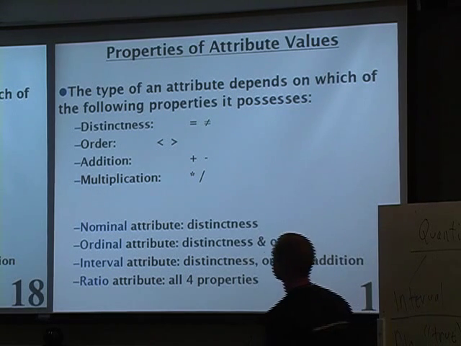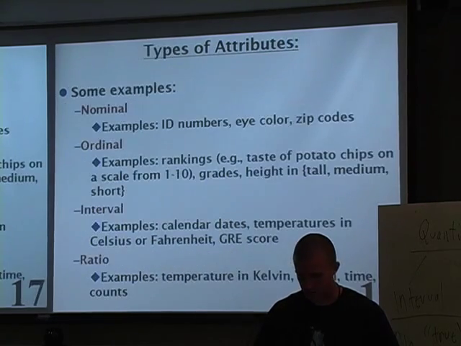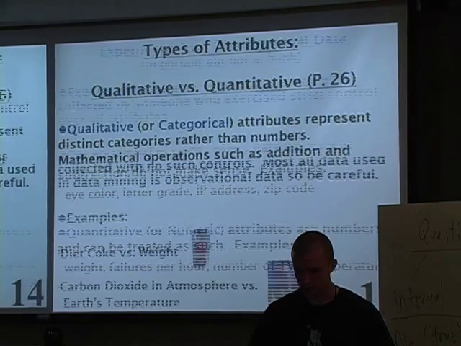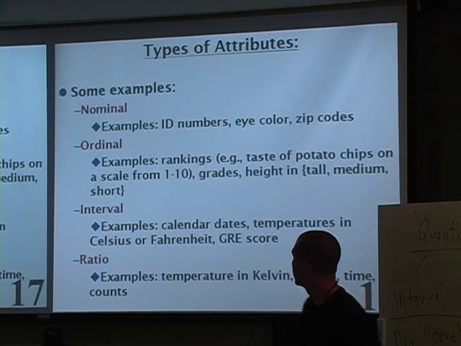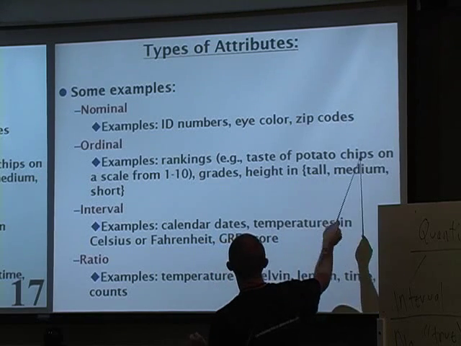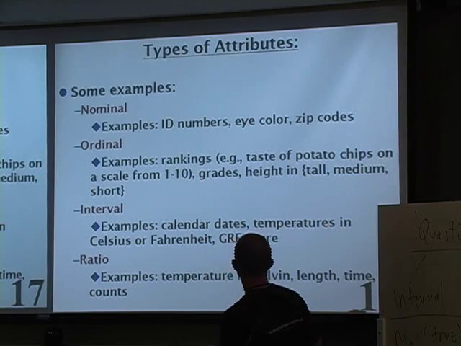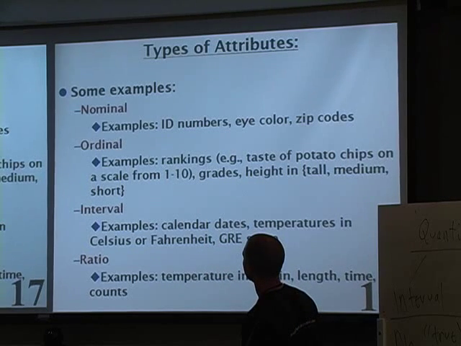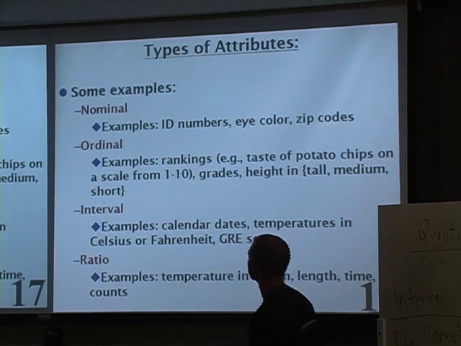The distinction here, I would mention a little bit though. When I was talking about this yesterday, someone mentioned how murky some of this is. They said, why is it that the taste of potato chips, which you scaled at 1 to 10, was ordinal, where the GRE score was interval? They said, it seems to me like the differences here mean as much as the differences here.